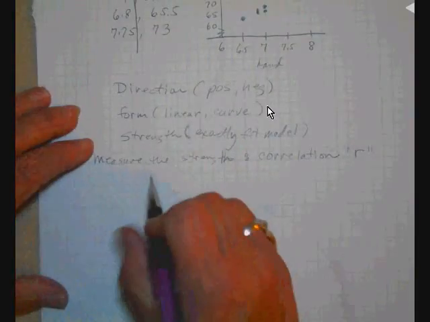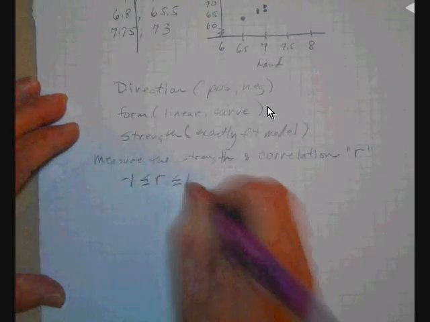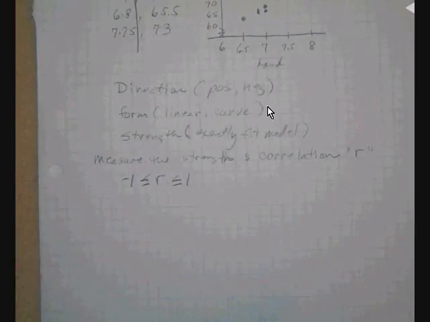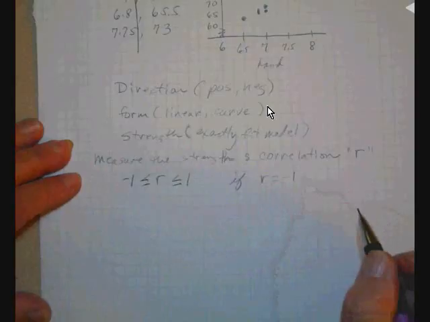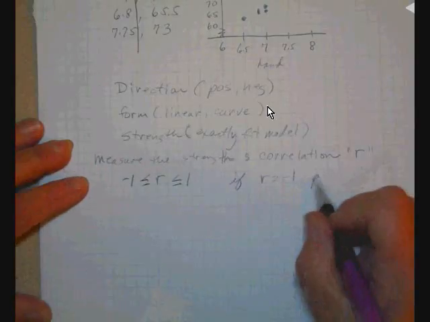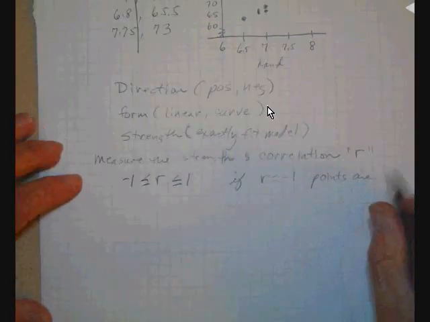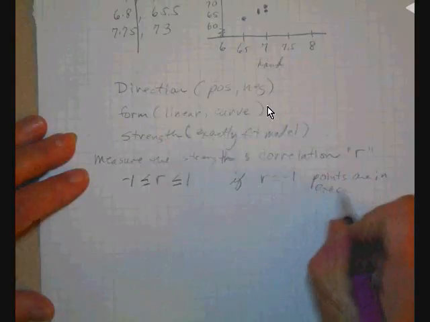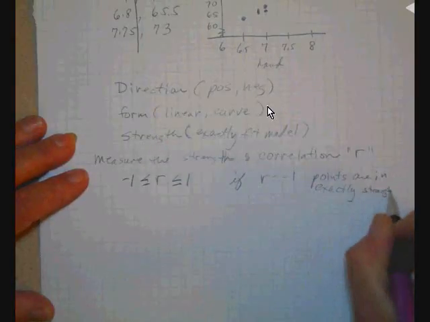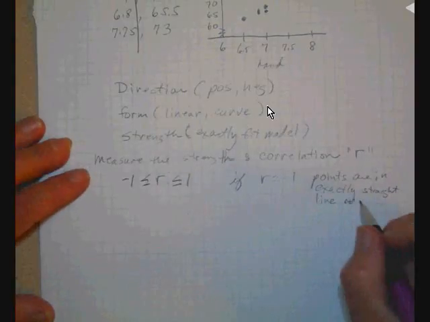And R is a number between -1 and 1. And if R equals -1, then the points are in exactly a straight line with a negative slope.